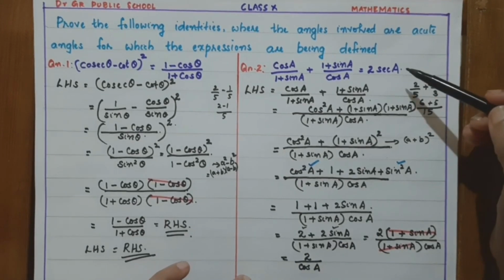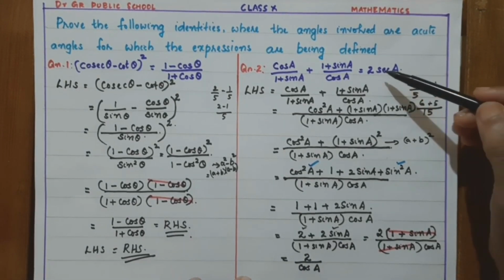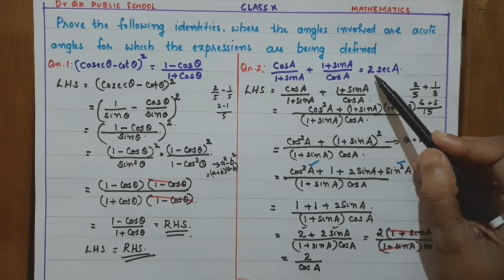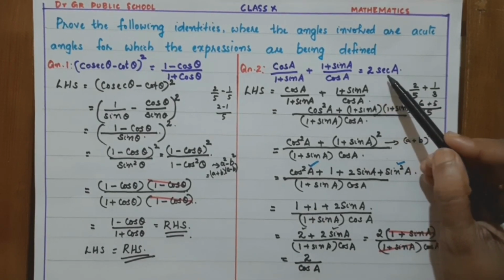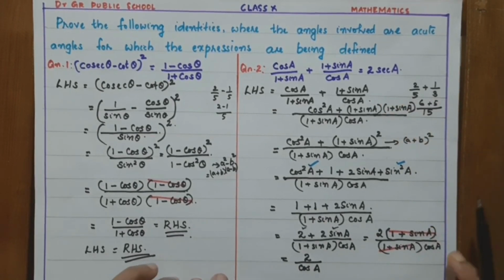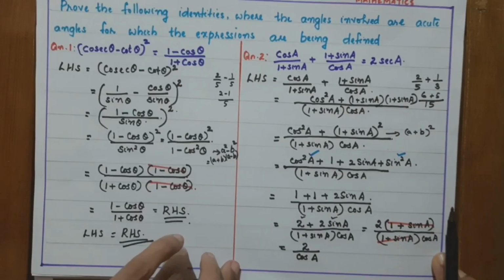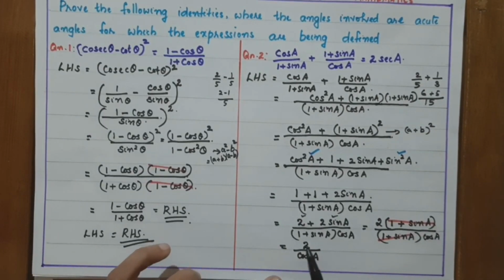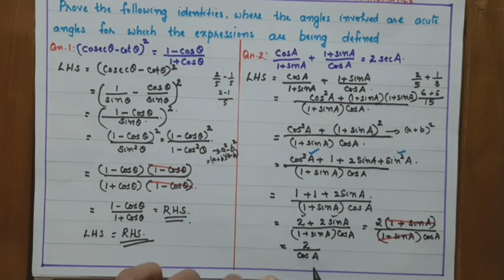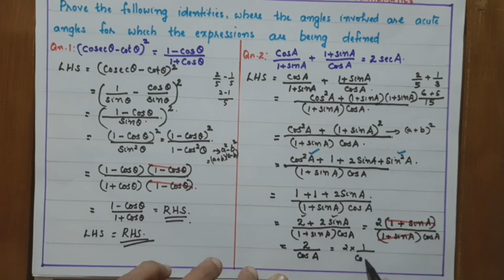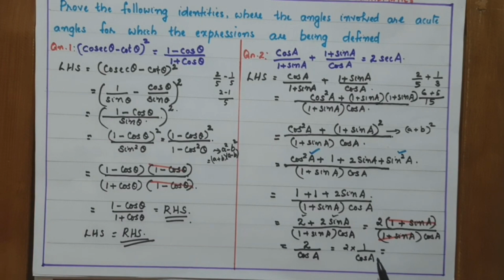What is our RHS? Sorry, the RHS. We have the RHS as 2 cosec A, isn't it? So how can we convert this to 2 cosec A? See, 2 by cos A we can write as 2 multiplied by 1 by cos A. So what is 1 by cos A?